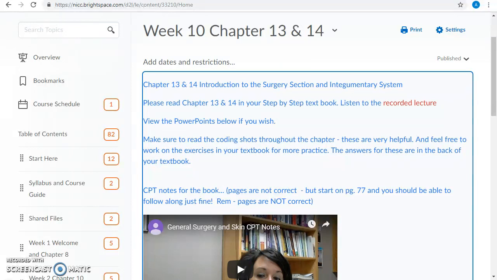Because the index will lead us in the right direction, but it doesn't always lead us right to where we need to go. That's a little thing with CPT. So make sure you take time to think about that when you're doing your homework too.